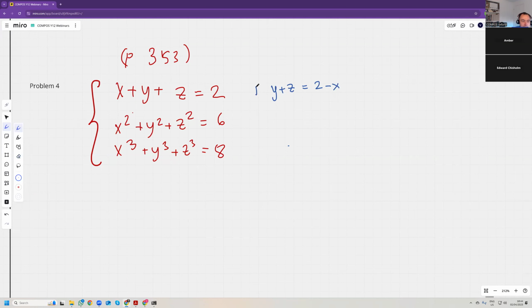So first equation in a square, it becomes (y plus z) squared equals (2 minus x) squared. And that becomes y squared plus 2yz plus z squared equals 4 minus 4x plus x squared.